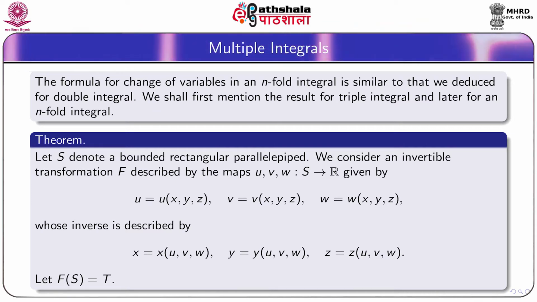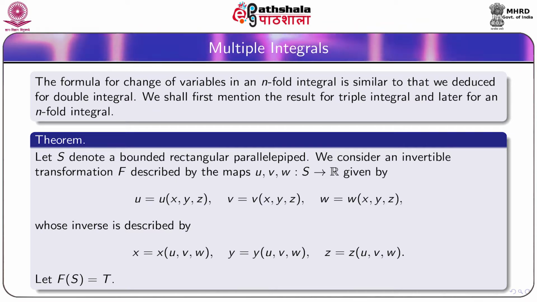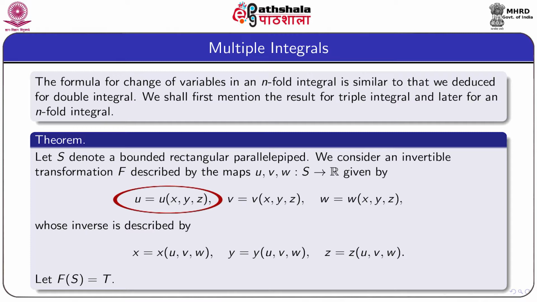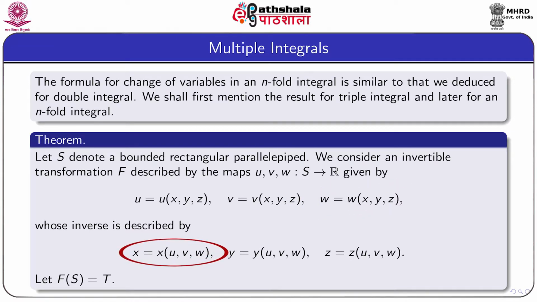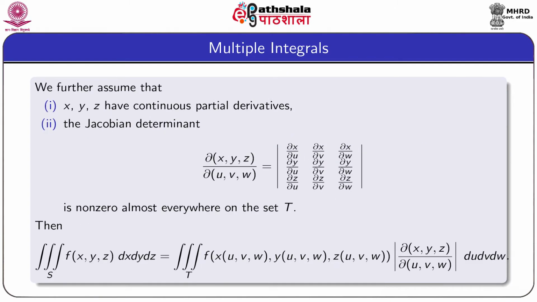We consider an invertible transformation f described by the maps u, v, w from S to R, given by u is u of x, y, z, similarly for v and w, whose inverses are given by x equal to x of u, v, w, y equal to y of u, v, w and so on. Let f of S be equal to T.